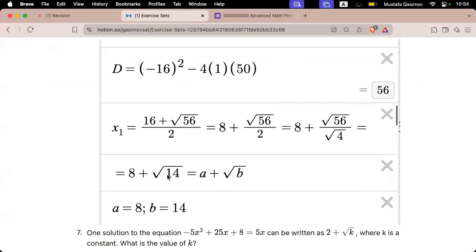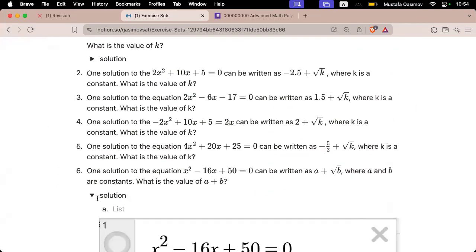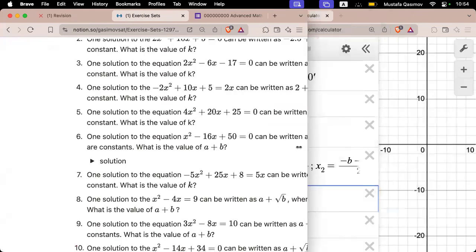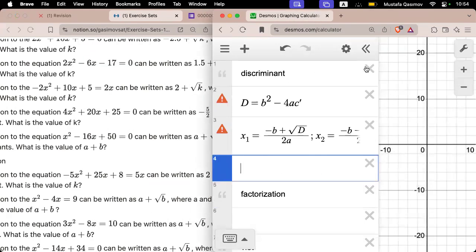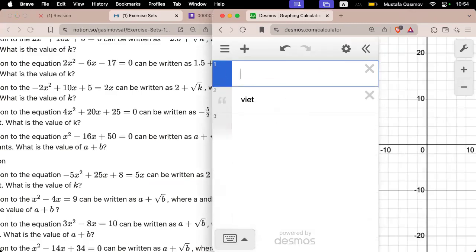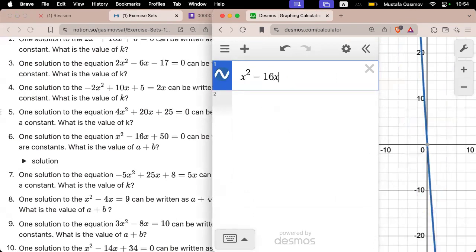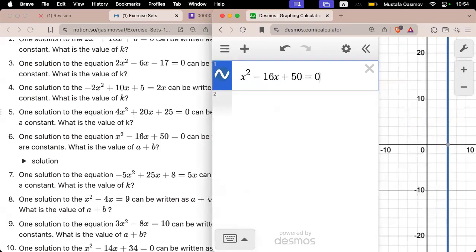Okay. But for the Desmos method, it will be a little bit different. X squared minus 16x plus 50 is equal to 0.